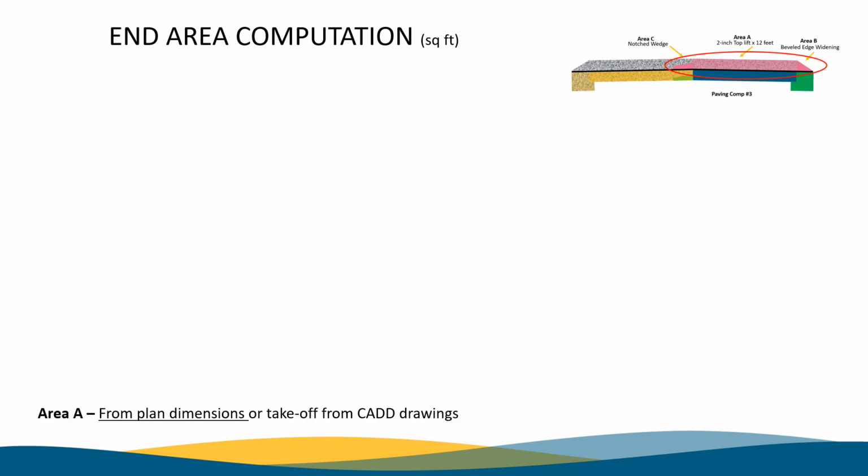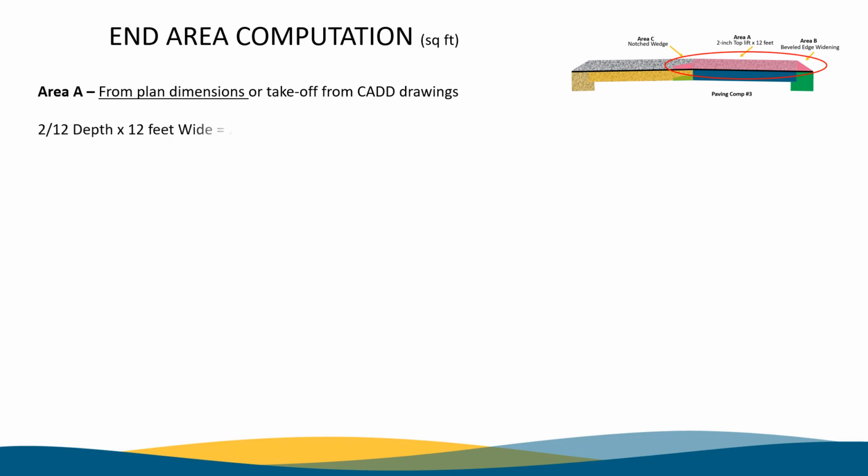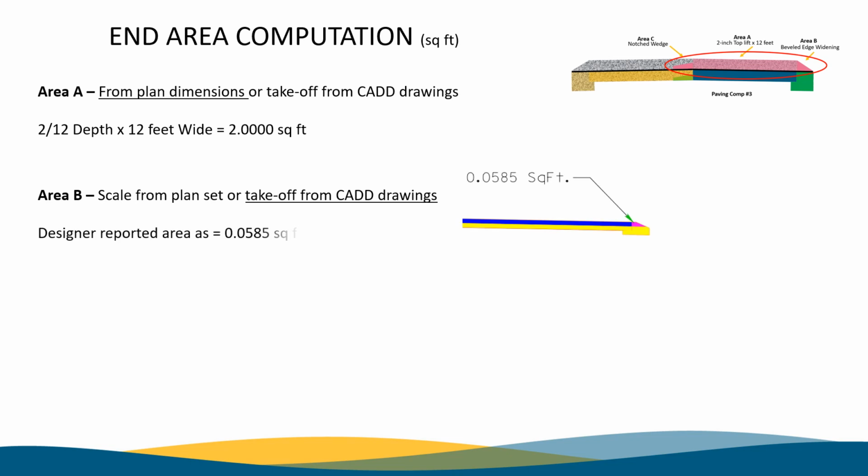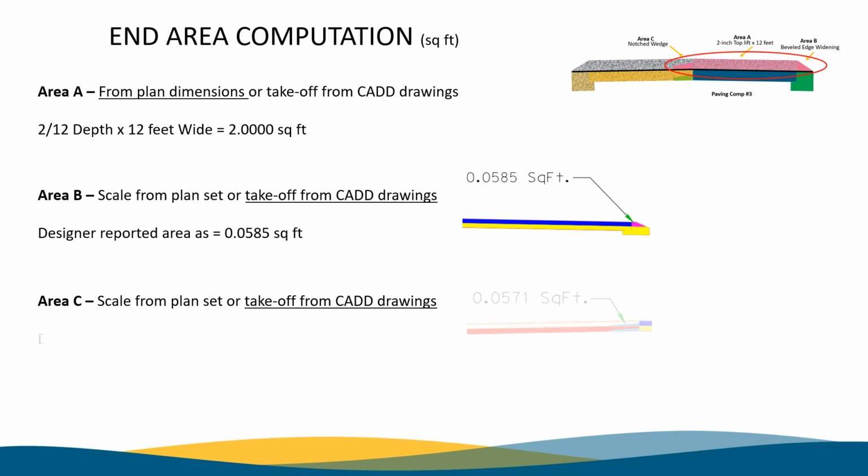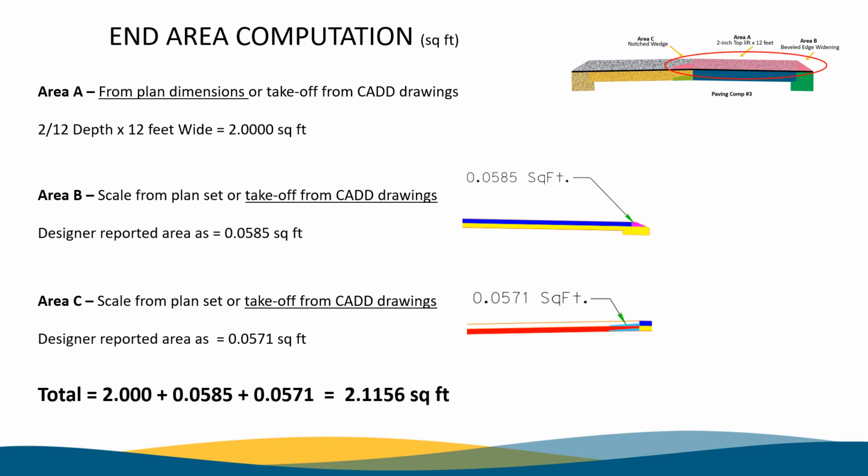Area A is the 2-inch by 12-foot lane that is 2.0 square feet. Area B from the CAD drawing, this time, is 0.0585 square feet. Area C is also from the CAD drawing. It is 0.0571 square feet. Sum them together and the end area is 2.1156 square feet.